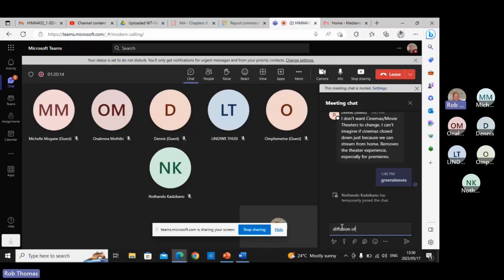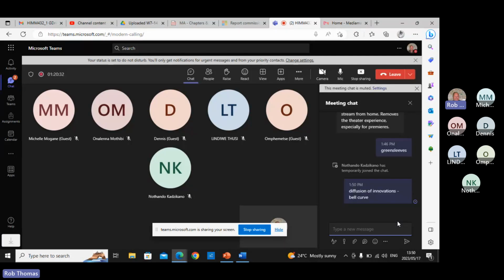Go and have a look at the diffusion of innovations as a concept. It's usually in the form of a bell curve, where we see how people adopt new technologies at the beginning. So I'm going to just put it into the chat, the diffusion of innovations, which is a bell curve. And what we see is that people adopt new technologies or they don't.